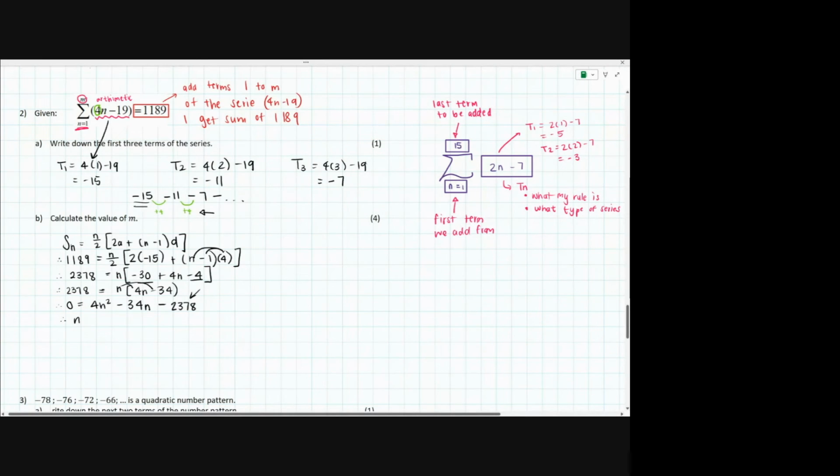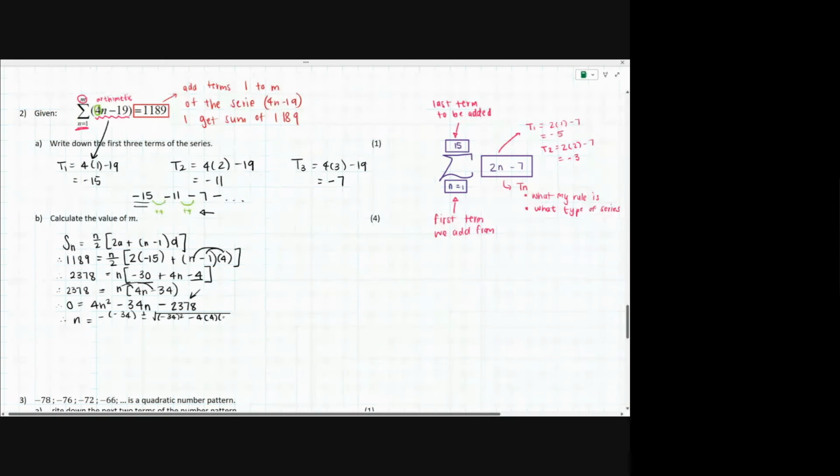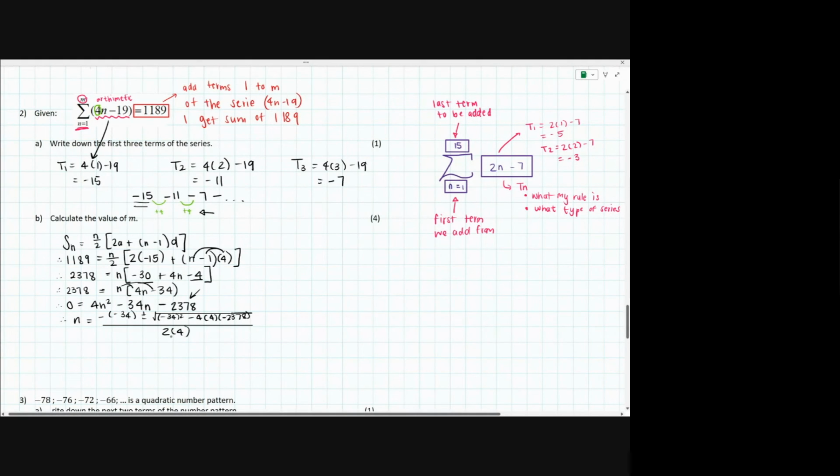So I'm just going to use my formula. n equals minus b, so minus negative 34, plus or minus the square root of b squared, negative 34 squared, minus 4ac, so 4 and negative 2,378, all over 2a. You chuck that into your calculator and you get 2 values for n. n is either equal to 29, or n is equal to negative 41 over 2.